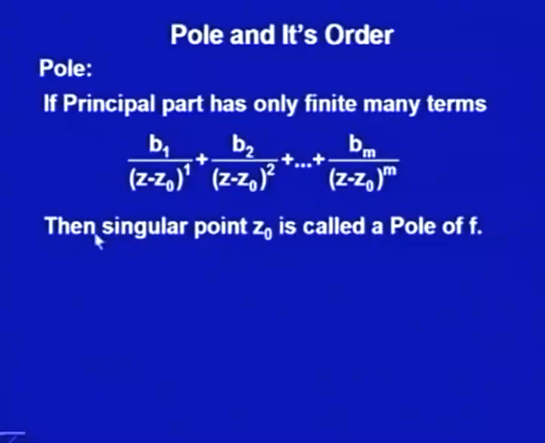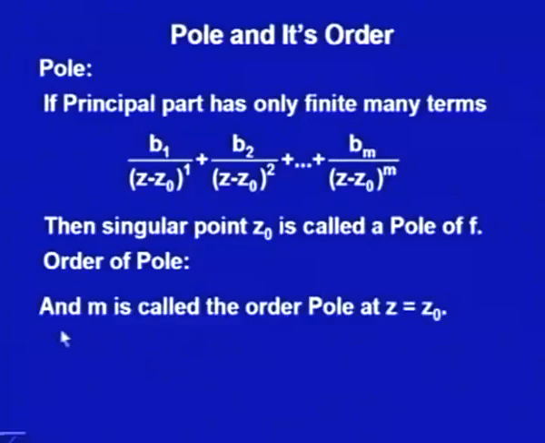So the singular point Z naught is called a pole of f. Now, we have the isolated singularity, and I have given one more term, pole. We call it a pole if the principal part has finitely many terms only. And if bm is not 0, then we call this a pole of order m.